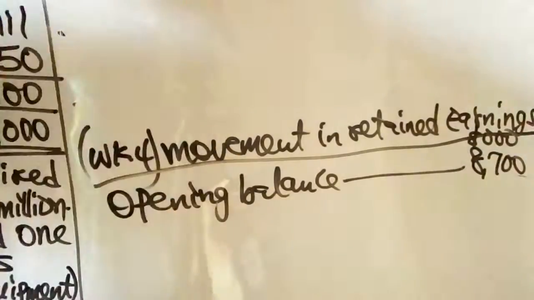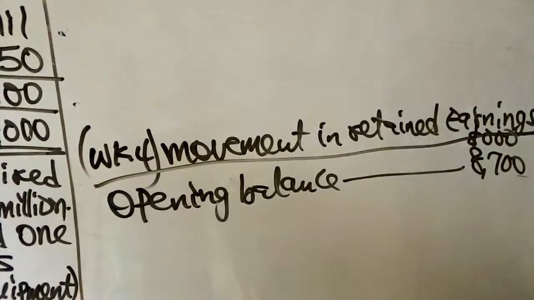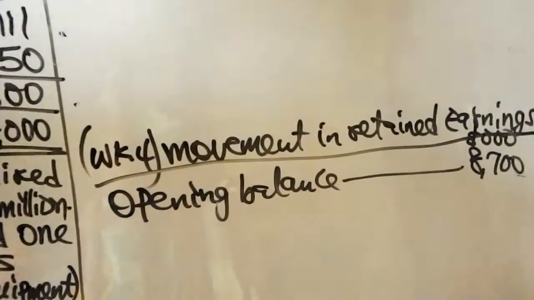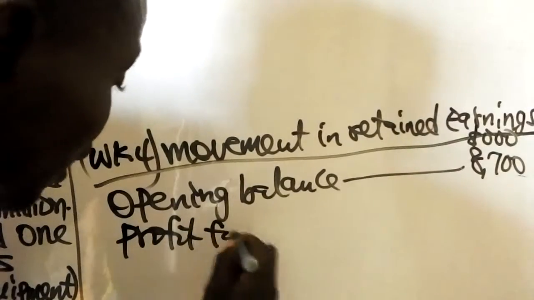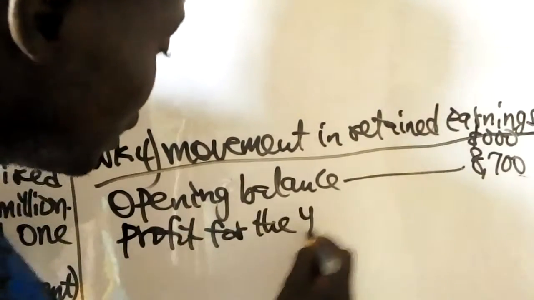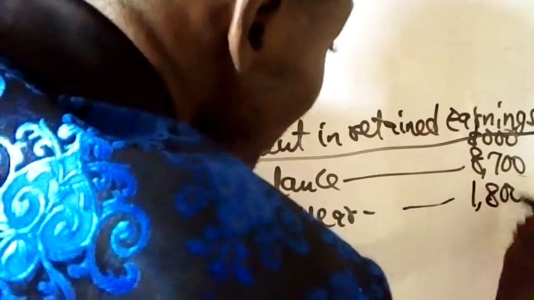You go through your statement of profit or loss and other comprehensive income. You have profit for the year, which is given to be 1,800.